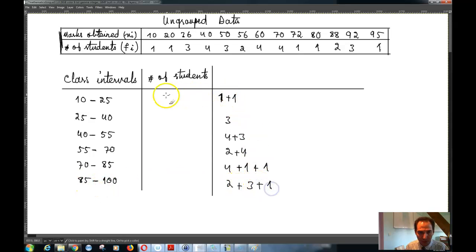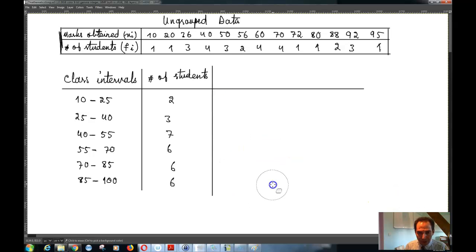And then I can add all of these together. So I have a 2, a 3 here, a 7 here, a 6 here, a 6 here, and a 6 here. So now I have written the frequencies of all of these class intervals. These are the class intervals and these are the number of students: 2, 3, 7, 6, 6, 6.